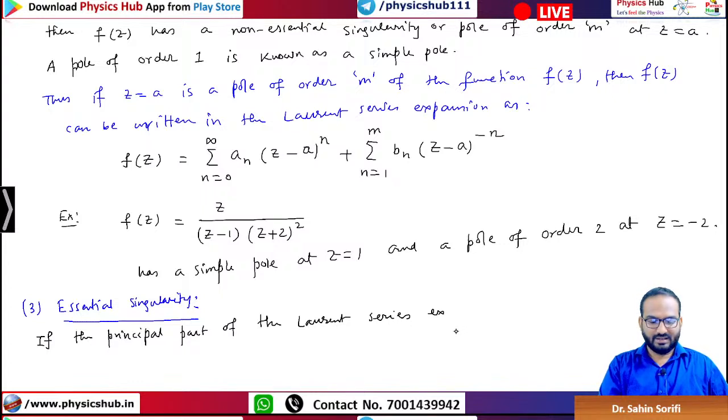Bn terms exist. What is the value of n? Here also n term exists, n equals 1 to infinity. So for essential, how many terms should exist?